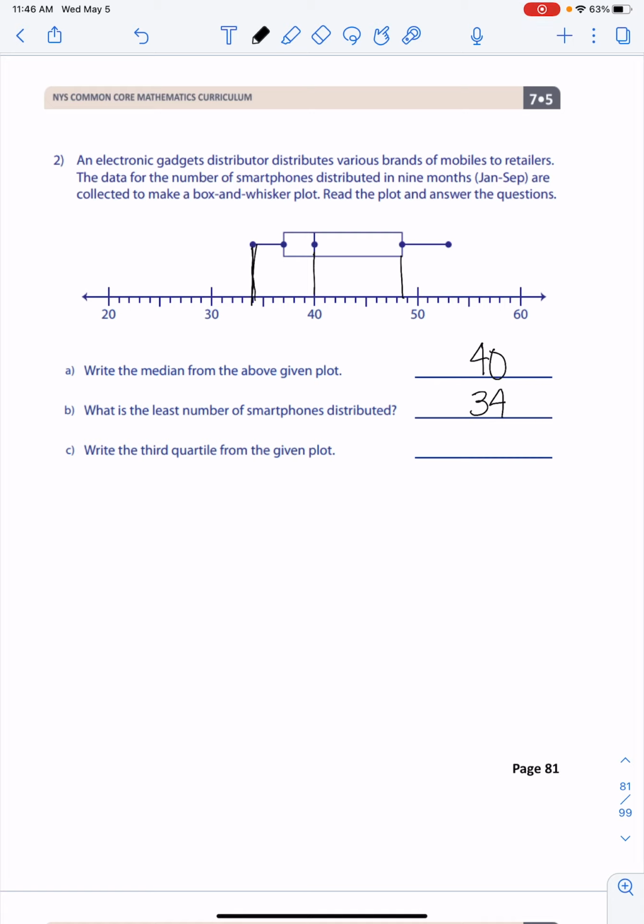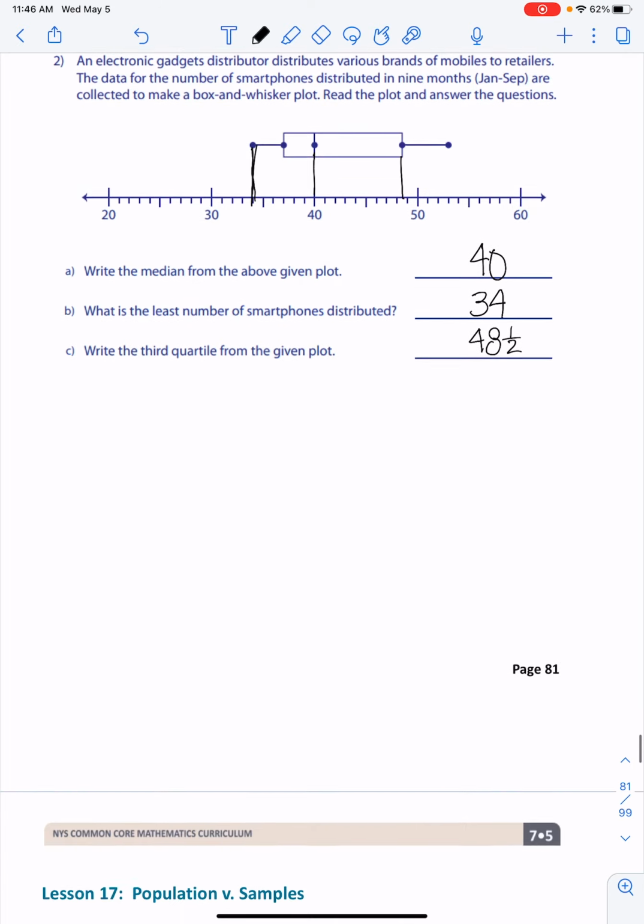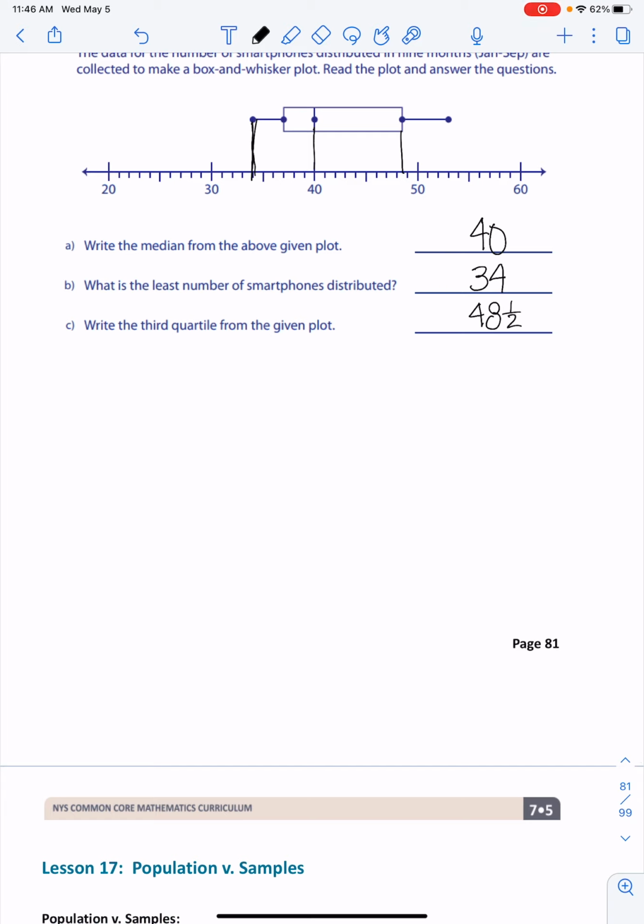So it's 45, 46, 47, 48, and it's in between 48 and 49, so it would be 48 and 1/2. And that would be my number. That ends our lesson.